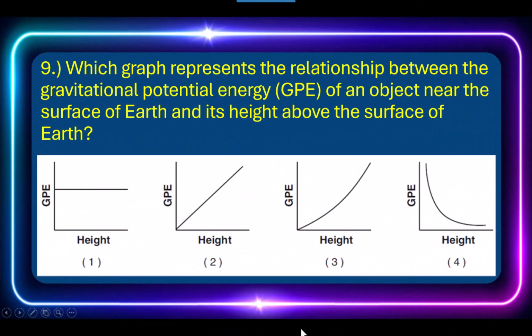Number 9, which graph represents the relationship between the gravitational potential energy, or GPE, of an object near the surface of the Earth and its height above the surface of the Earth? Is it graph 1? Is it graph 2? Is it graph 3? Is it graph 4?